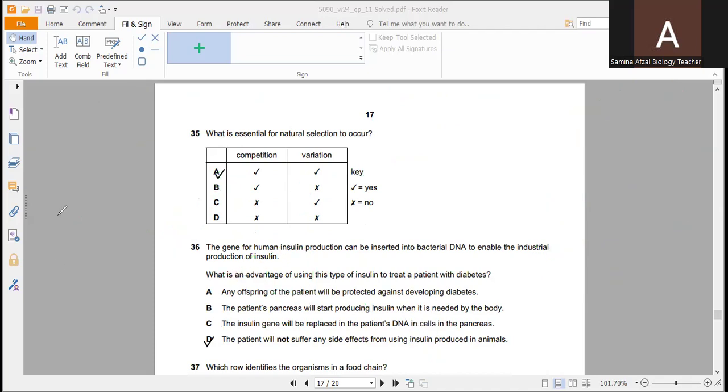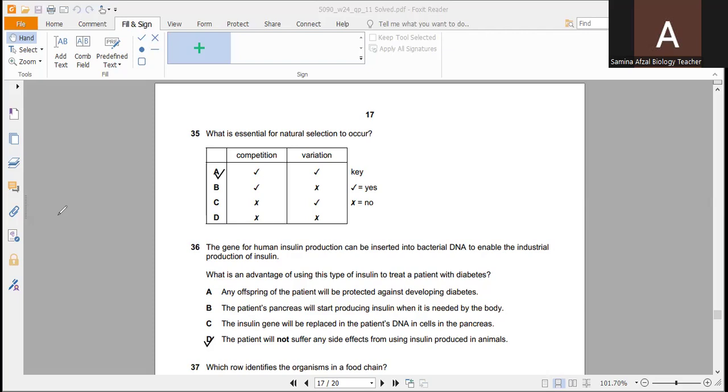What is essential for natural selection to occur? So, what is natural selection? Nature selects the organisms which are best fit in the environment. If there is any change in the environment, the organisms which adapt to their environment will survive.